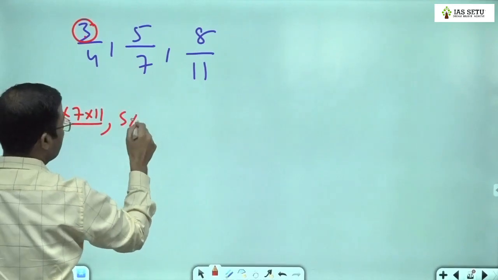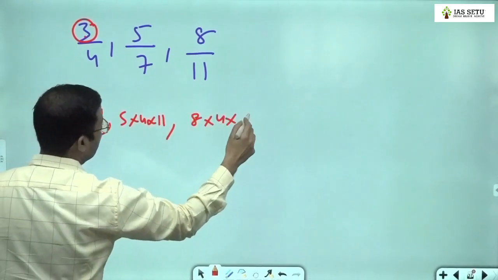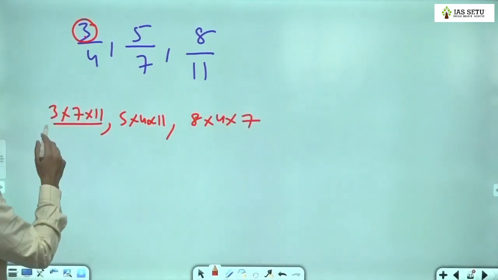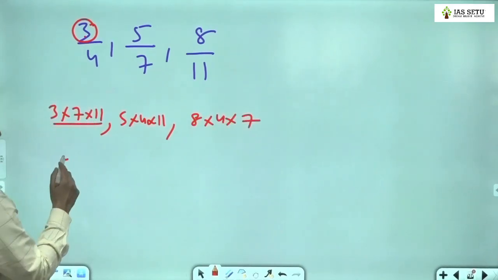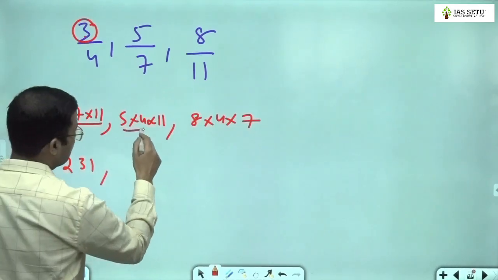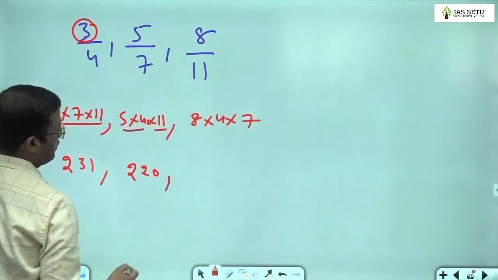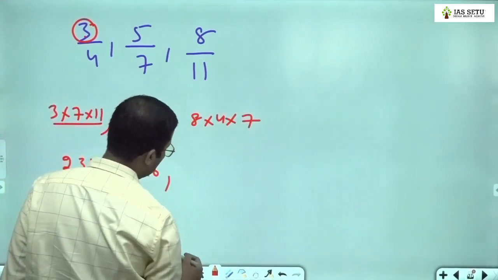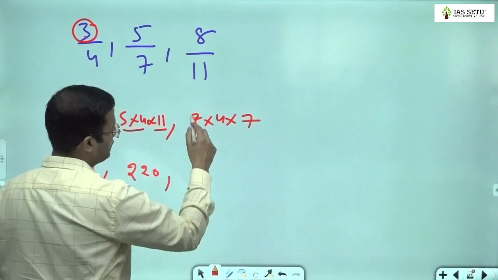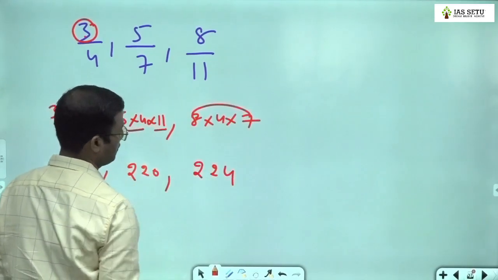Five multiply with 4 into 11. 8 multiply with 4 into 7. This is 21 into 11, 231. This is 20 into 11, 220. This is 56 into 4, 224.